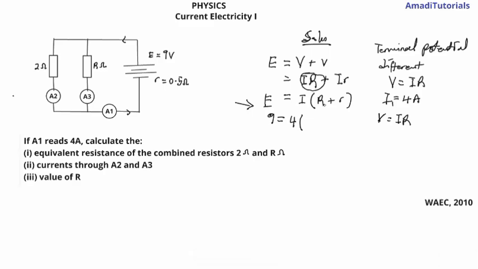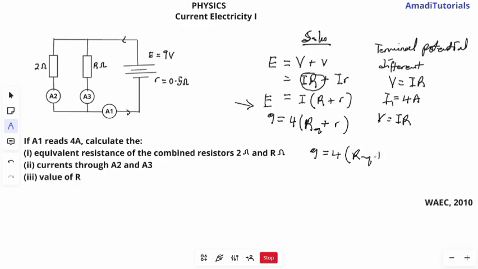This R here represents the equivalent resistance, that is R subscript equivalent, plus the internal resistance of the cell. So we are going to solve this to get our R. So this is 9 equals 4 times R equivalent plus 0.5.